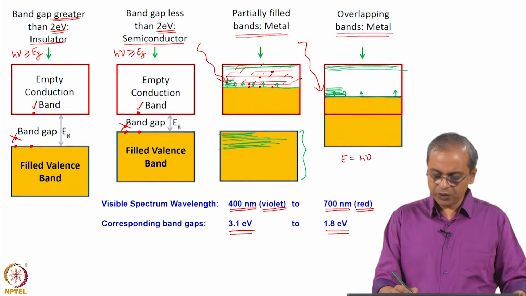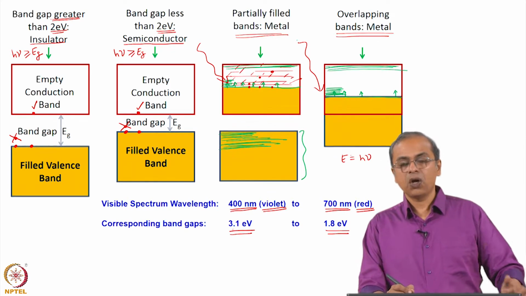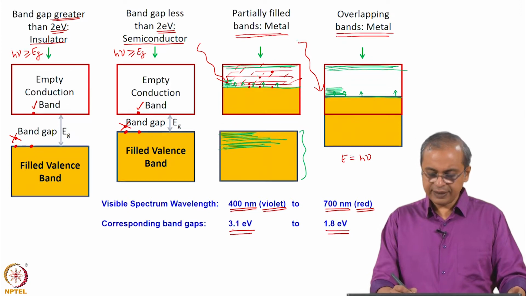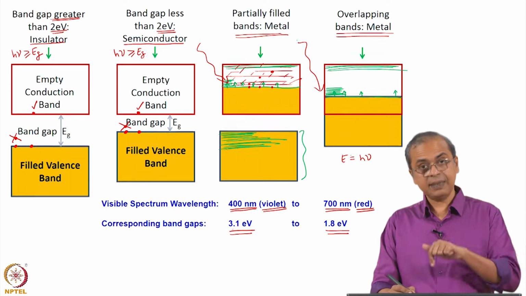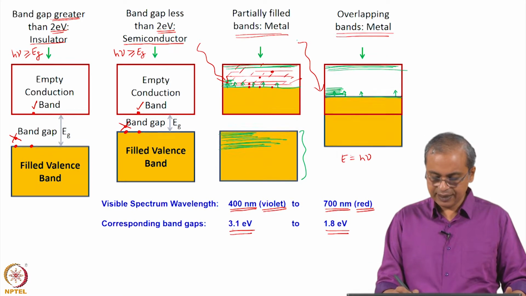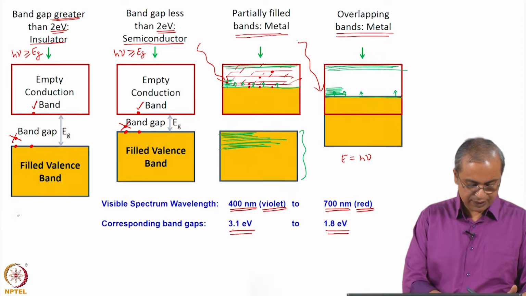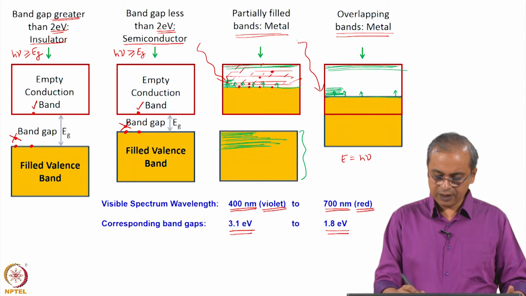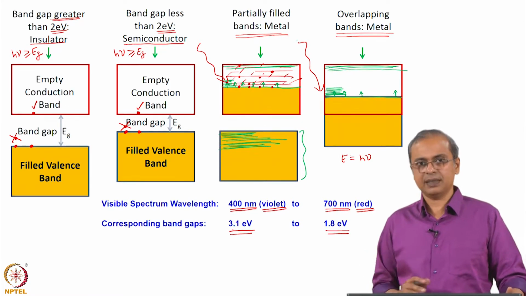It does not matter whether you have 1.8 electron volts or 3.1 electron volts or any value in between, you will always have some energy level which can accept an electron which is presently seated at the highest possible energy level when you give it this difference. So, you take this electron here and you give it 1.8, it will probably end up here. If you give it 3.1, it will probably end up here, some such thing.